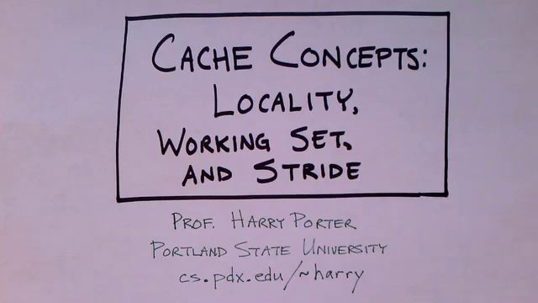The number of bytes accessed by 10,000 instructions will be smaller than the number of bytes accessed by 1 million instructions, most likely. Okay, you execute more of the code, you're going to touch more of the data, you're going to touch more instructions. So as you increase the window size, the working set gets larger.